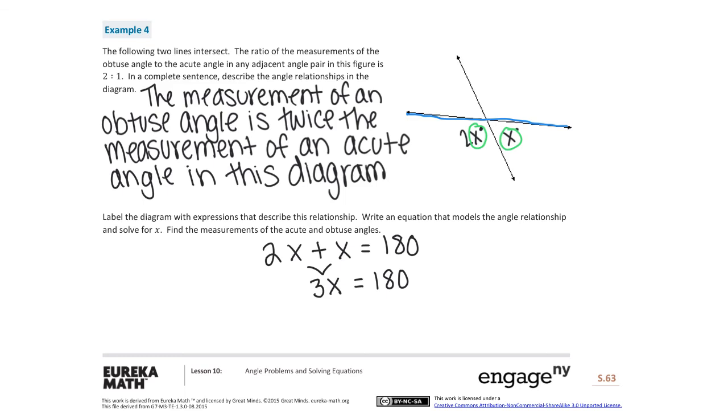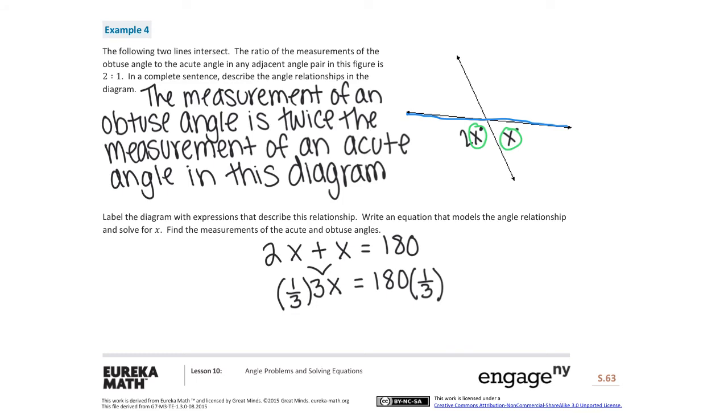To get x by itself, I'm going to multiply by the multiplicative inverse. So the multiplicative inverse of 3 is 1/3. So I have 1/3 times 3x and 180 times 1/3, because what I do to one side, I have to do to the other.